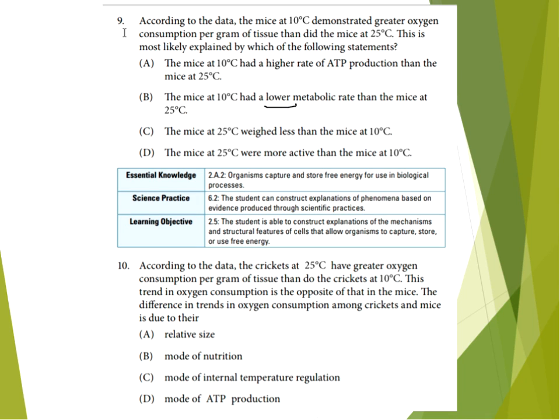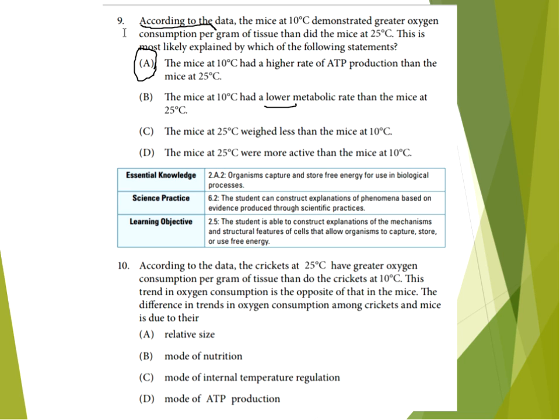Again, although that could make a difference in oxygen consumption, we don't have enough data, and the first part of this says according to the data, okay? And then it does say what's most likely explained, but I don't think that's enough information to say for sure that that's what it is, because most likely in the experiment they're keeping everything pretty controlled.